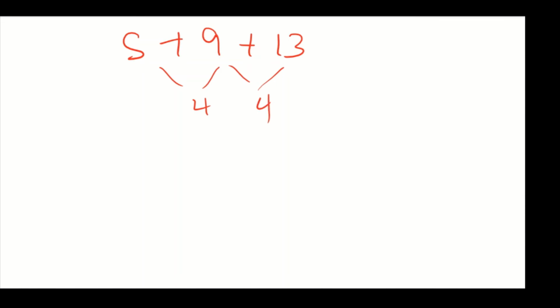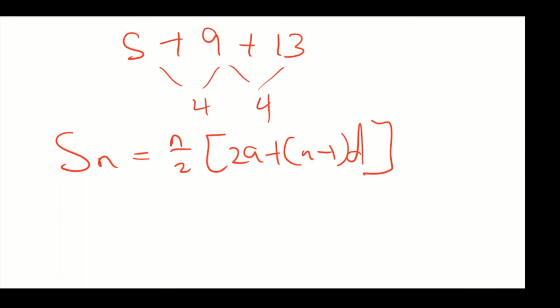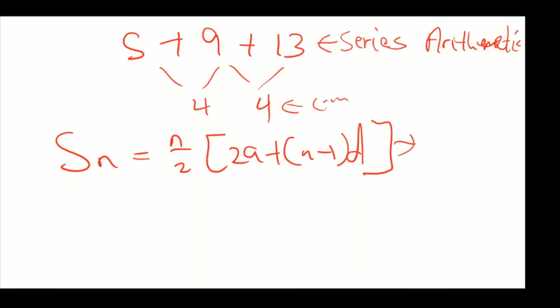So our sum of the series is n over 2 into (2a plus (n minus 1)d). Why are we using this sum? It is because we have identified that this series here is arithmetic. Right, so if it's arithmetic, how do we see that? We see it with this common difference.